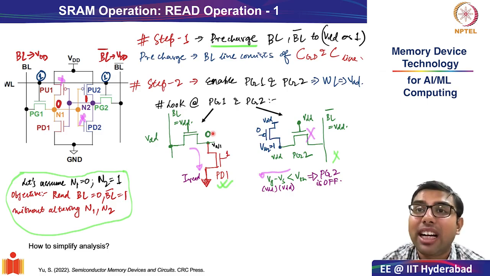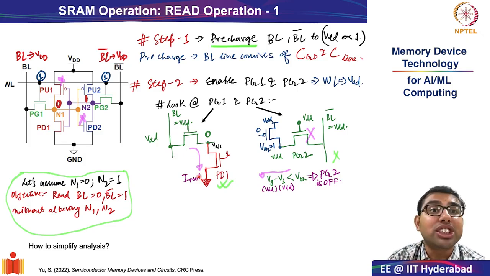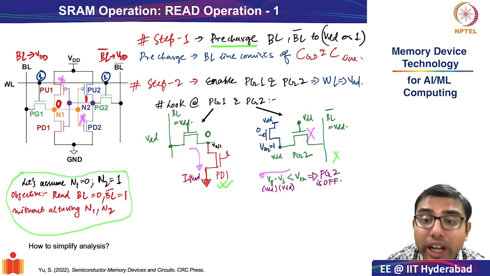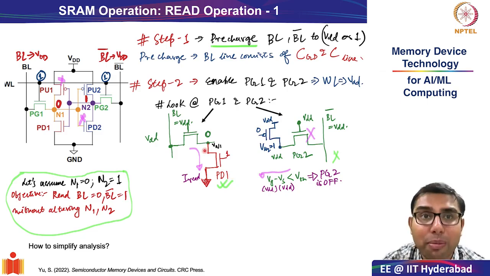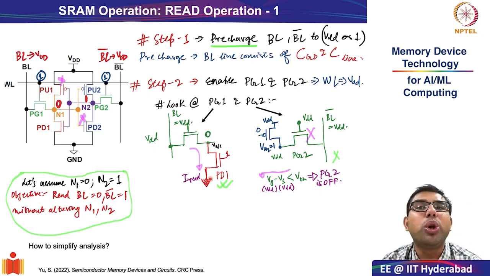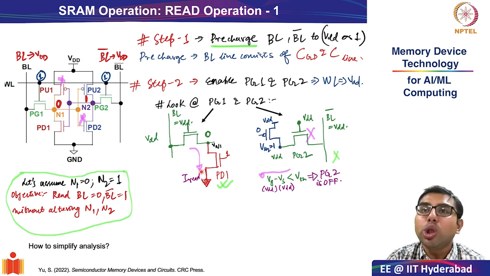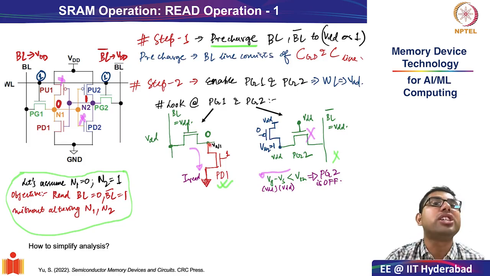What will happen as a result? Please recognize, if a read current has to pass through it, we need to carefully look at what is happening at PD1, which is also an NMOS. What is happening at PD1? At PD1, the source and drain are both connected to 0. If a read current flows through it, of course that is not possible without a potential difference.